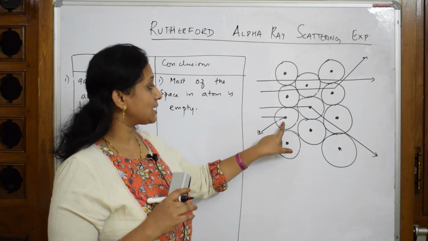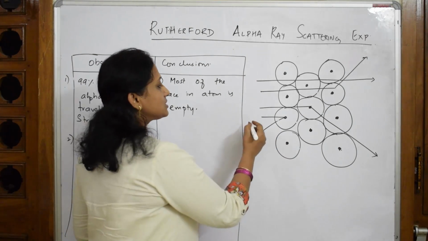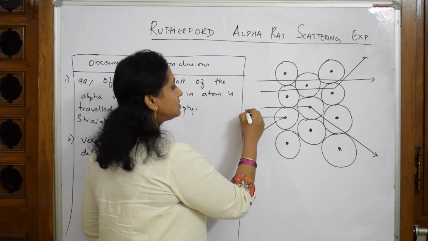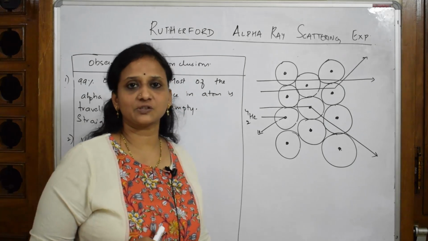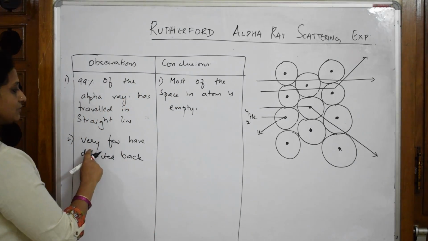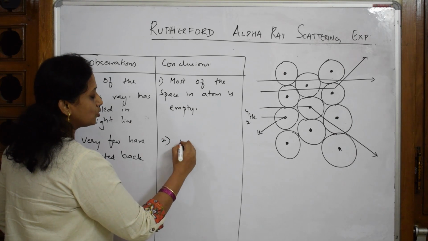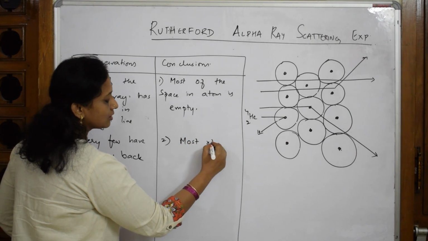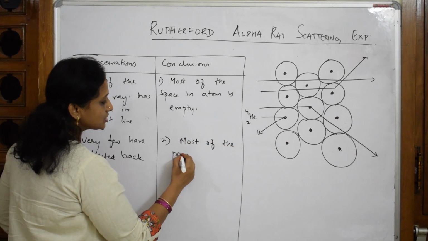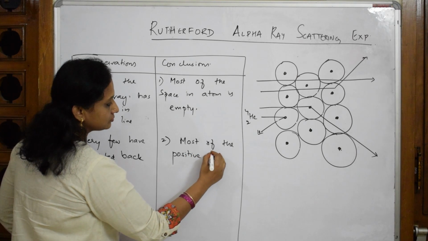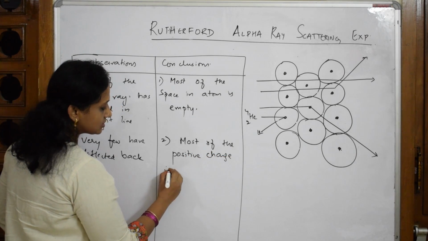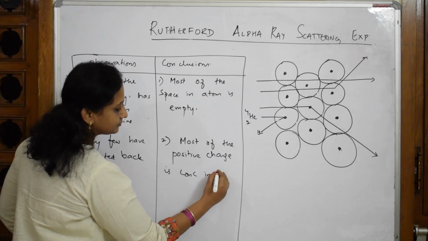But here alpha is also positive charge and the center mass which is present is also positive charge. So let us write that. Very few have deflected back. Now what should I write? Most of the positive charge is concentrated in the center.